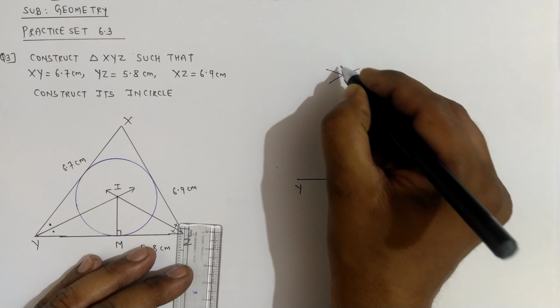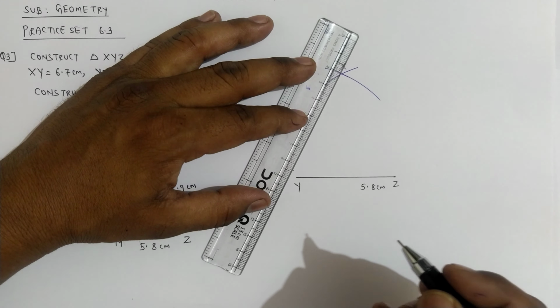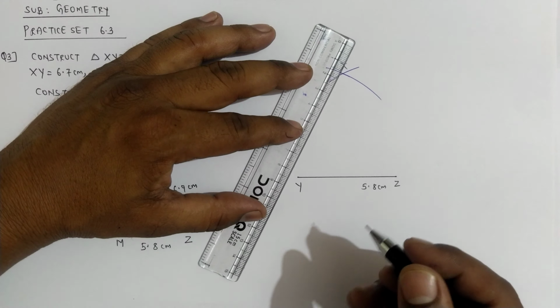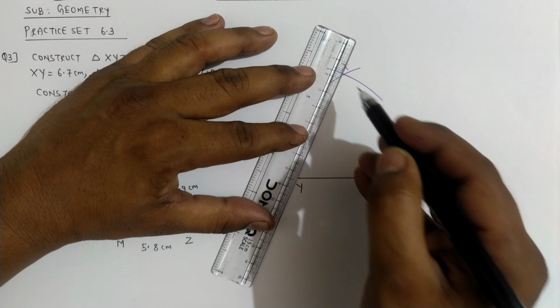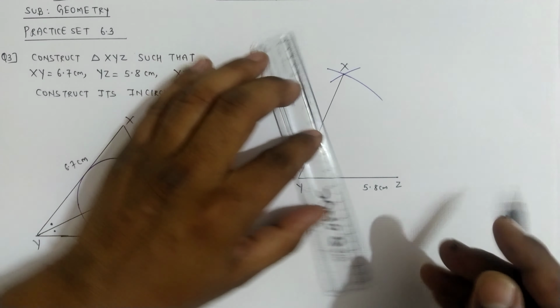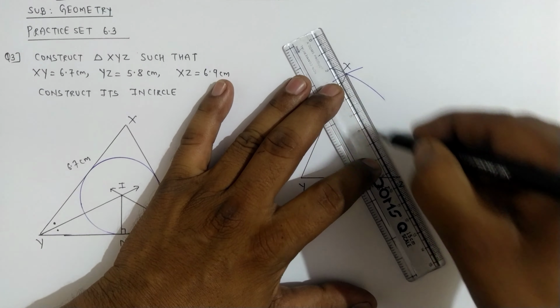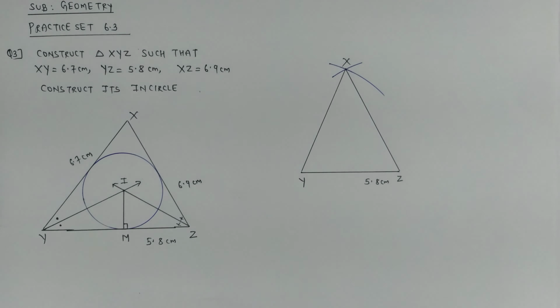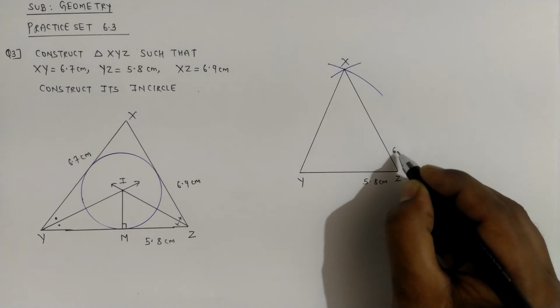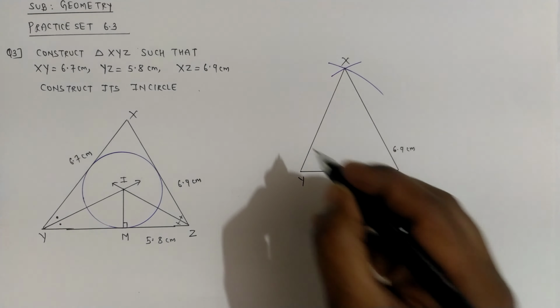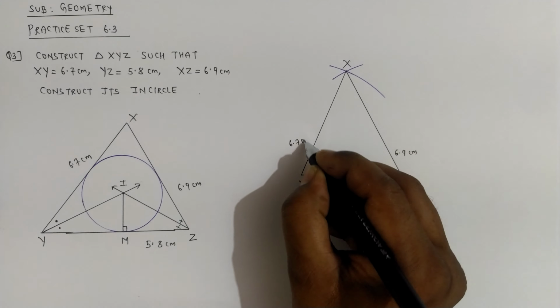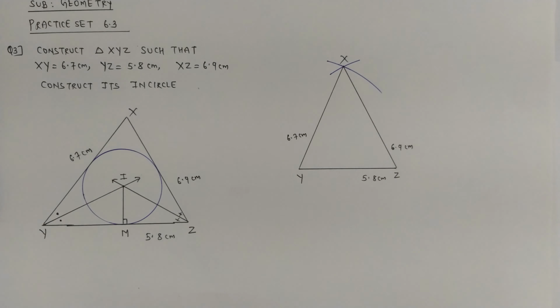Join, this is point X. Okay, so we got triangle XYZ, okay? 6.9 cm, 6.7 cm.